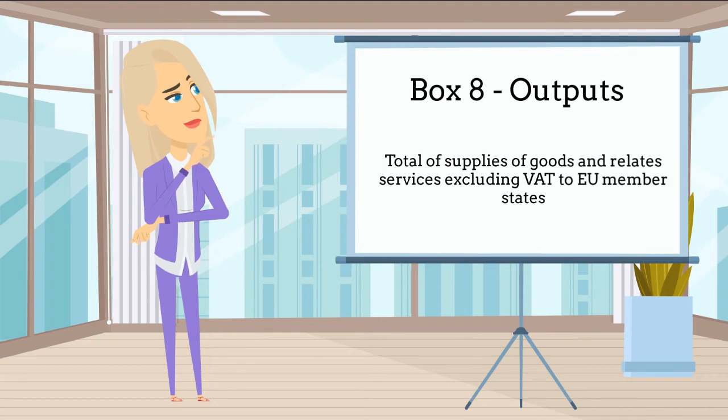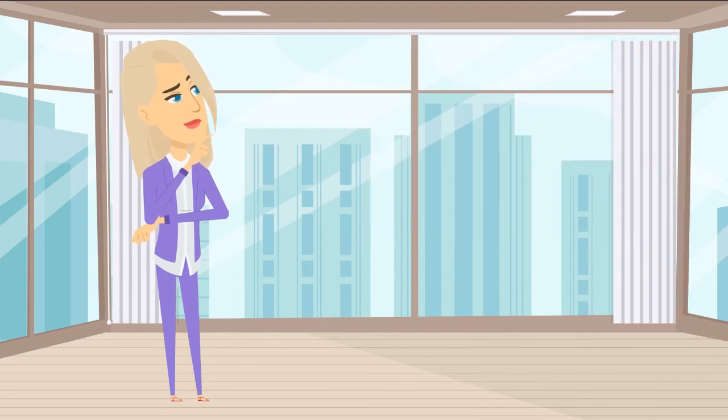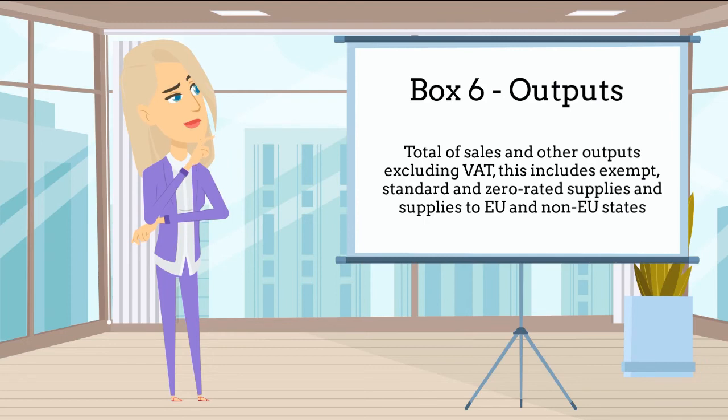Box 8 for outputs is the total of supplies of goods and related services excluding VAT to EU member states. So box 6 is the total of sales and other outputs excluding VAT. This includes exempt, standard and zero rated supplies and supplies to EU and non-EU states.